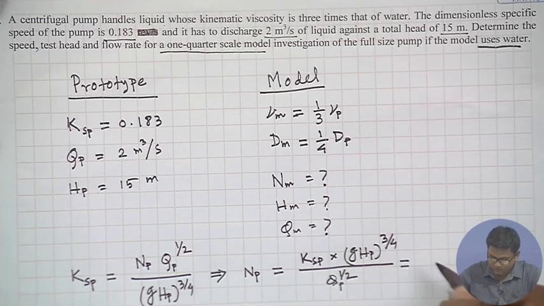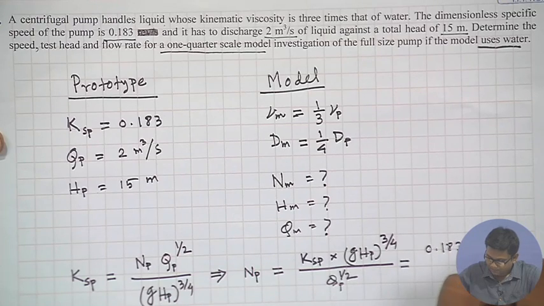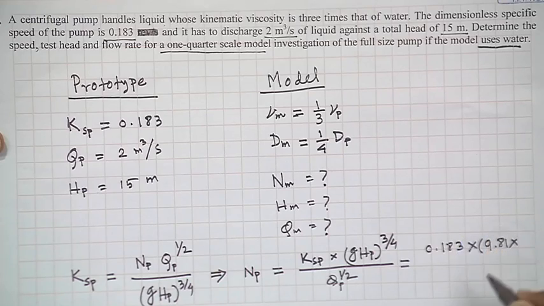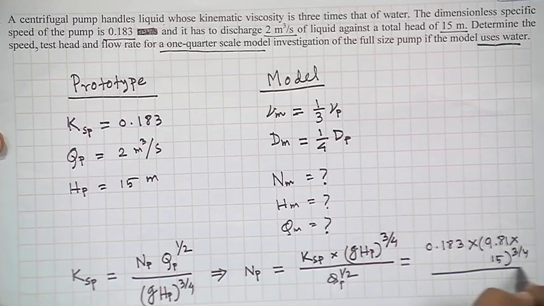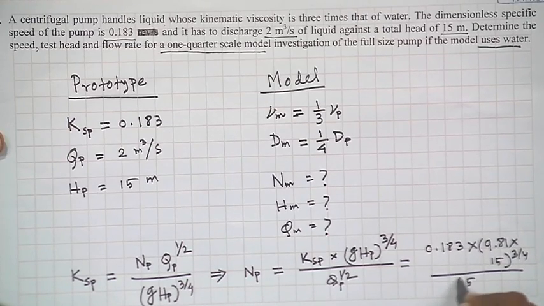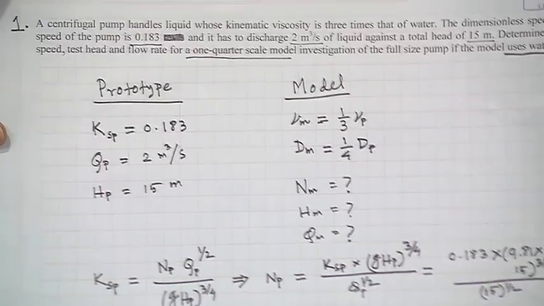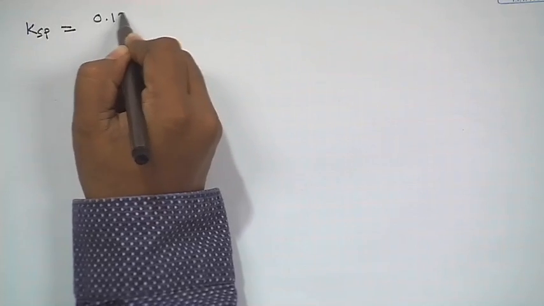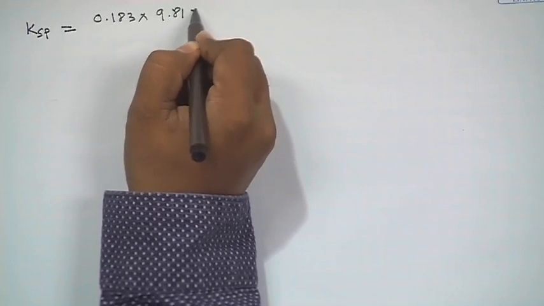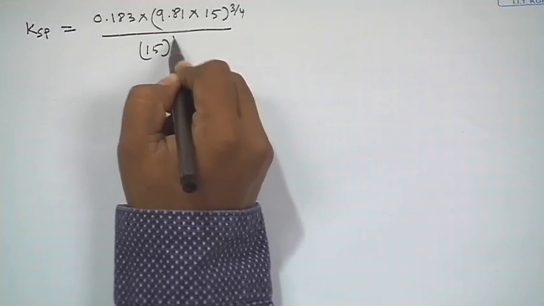Now we substitute the given quantities: 0.183 is the dimensionless specific speed, g is 9.81, HP is 15, whole to the power 3/4, divided by QP, which is 2, to the power half.